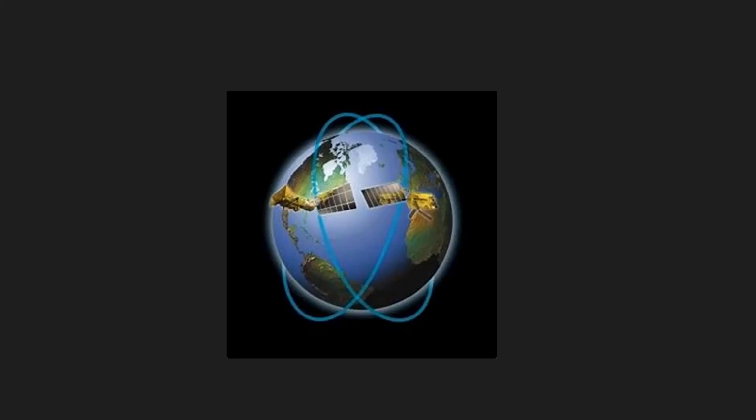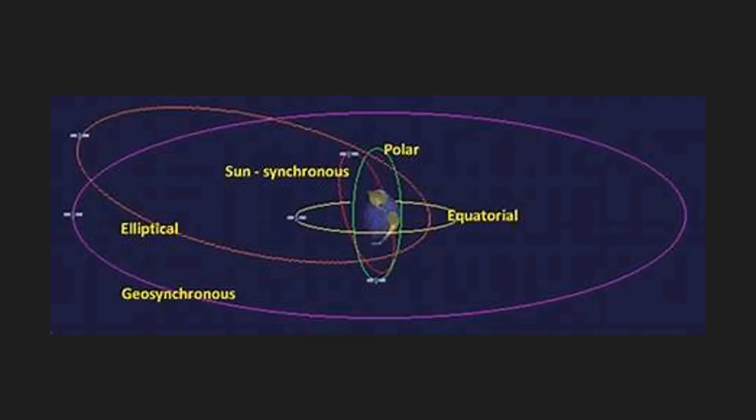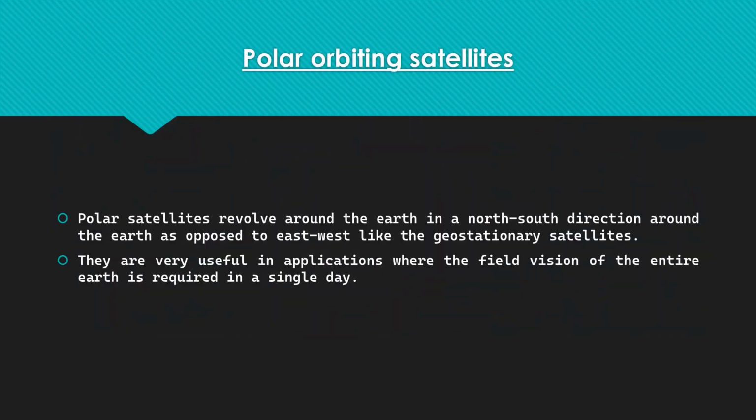One other kind of satellite based on orbit is polar orbiting satellites. Polar orbiting satellites have derived their name from their orbiting around the poles. These types of satellites orbit from the North Pole to the South Pole and then again from the South Pole to the North Pole in the next phase.